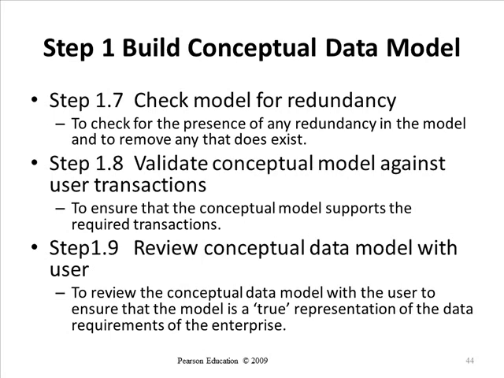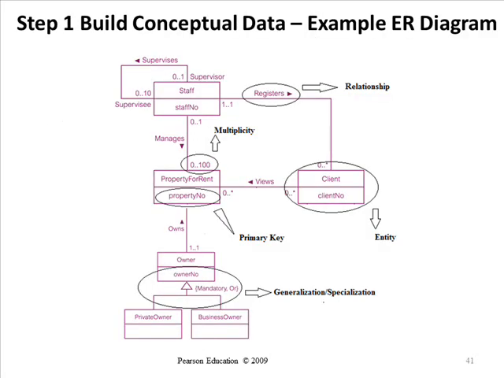So this process will be an iteration process. It's not one flow. It's possible to have many flows until you get the final design for your database. So this is an example of the conceptual data model by using the ER diagram.